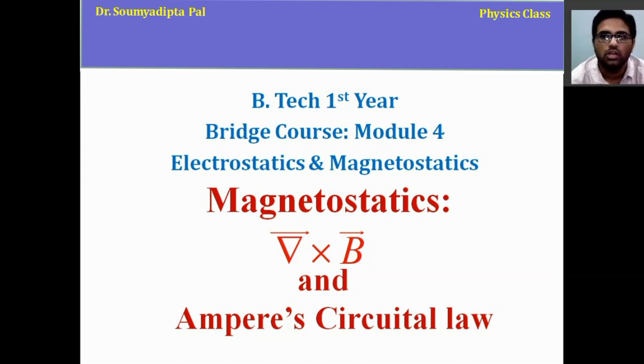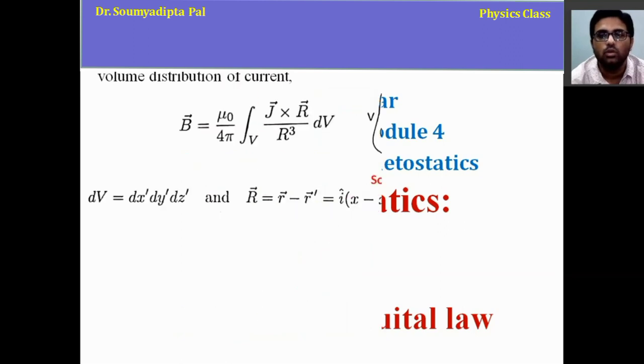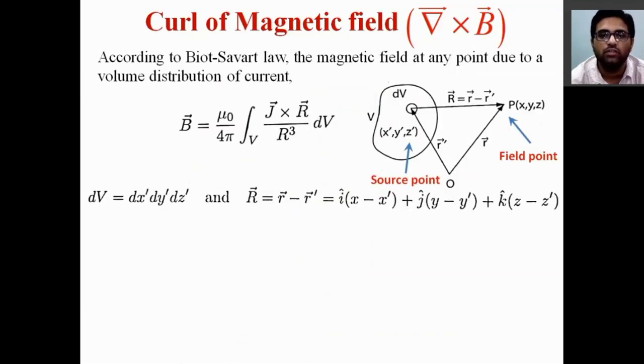Okay, so let's start. We know that according to Biot-Savart law, the magnetic field at any point P due to a volume distribution of current is like this.